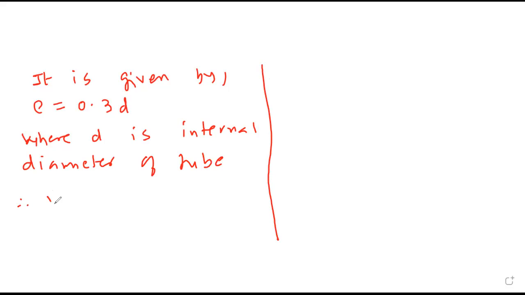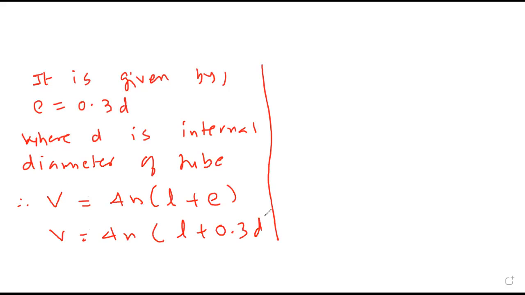Therefore, V is 4N. In place of L, we will write end correction extra. So V is 4N, L plus 0.3 D.